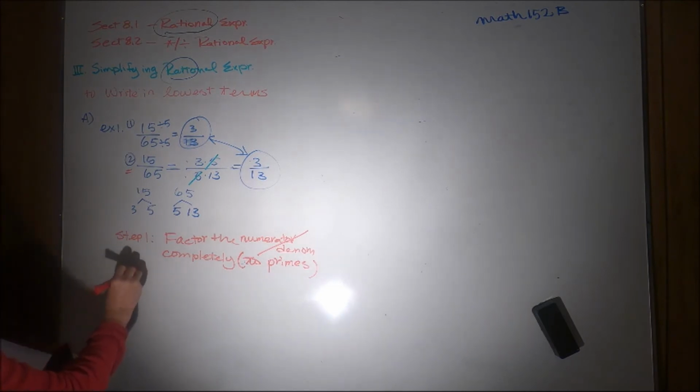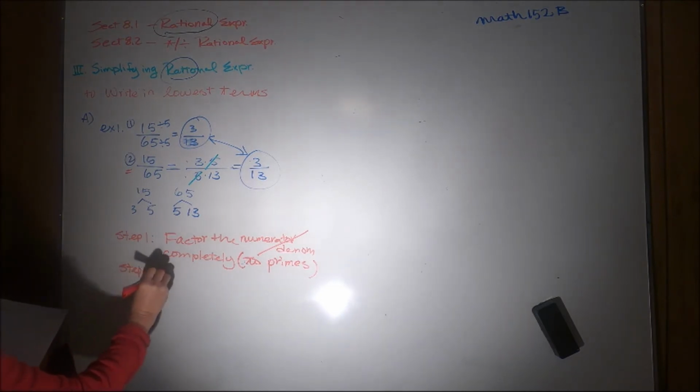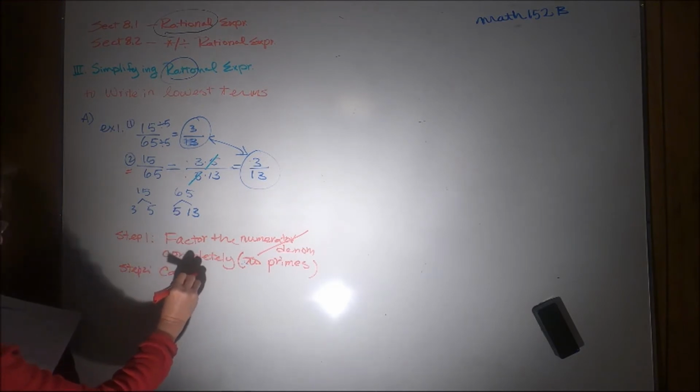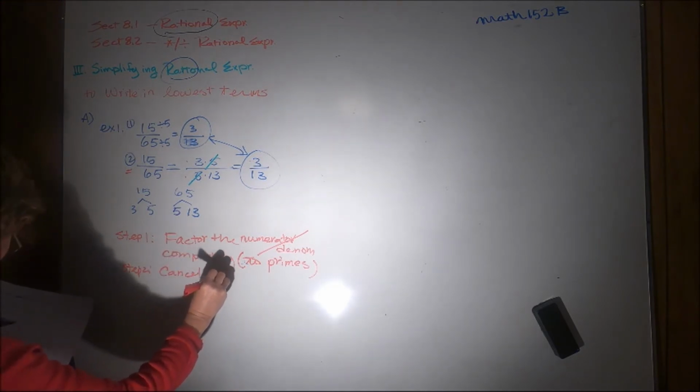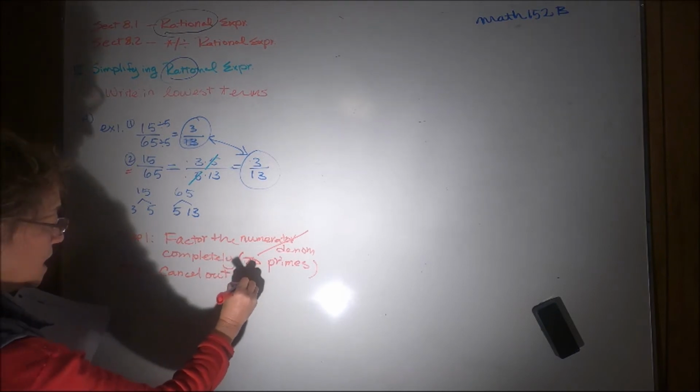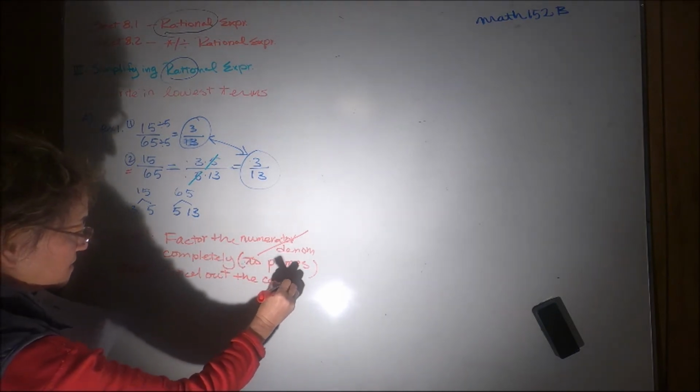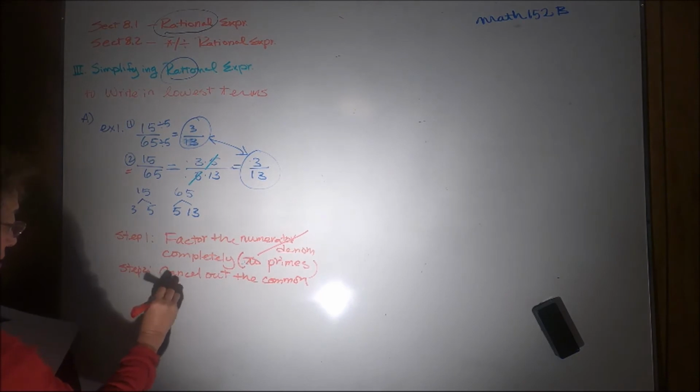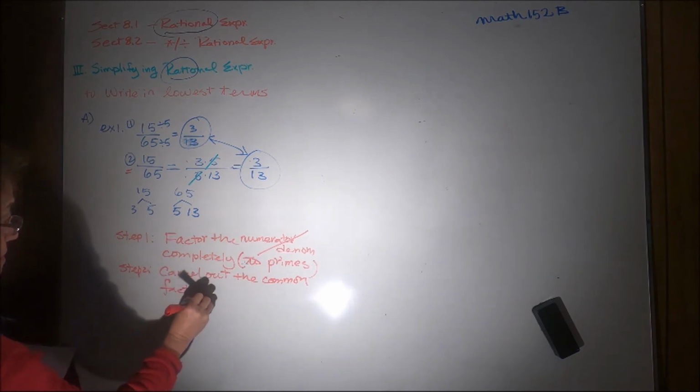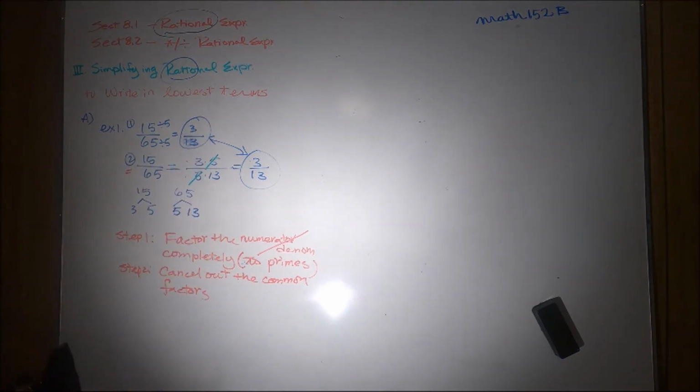And step 2, what do we do? We will just cancel out the common factors, right? So you divide the common factors this way.